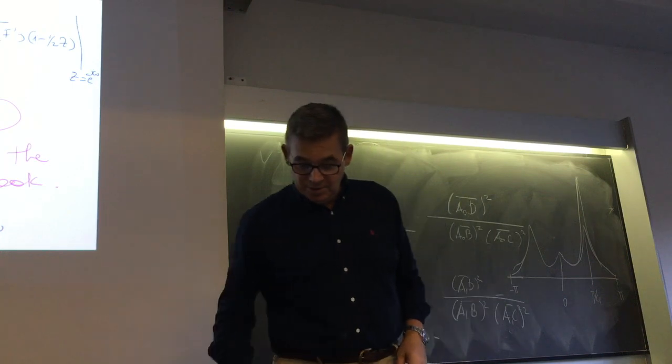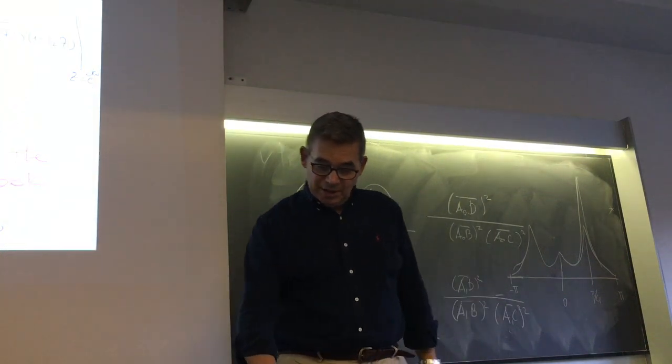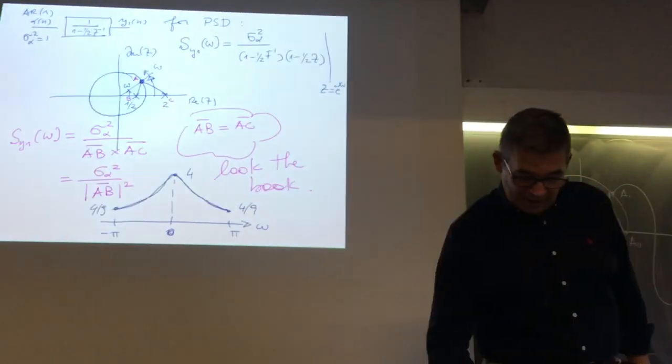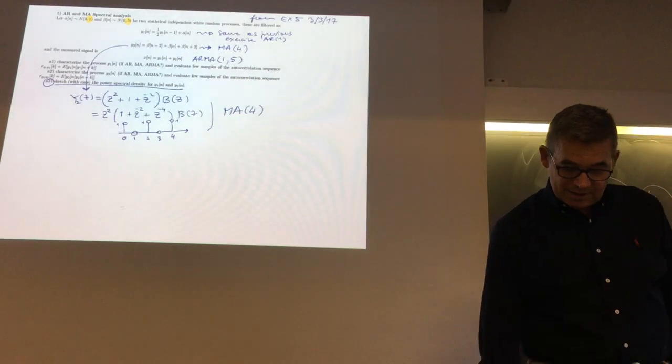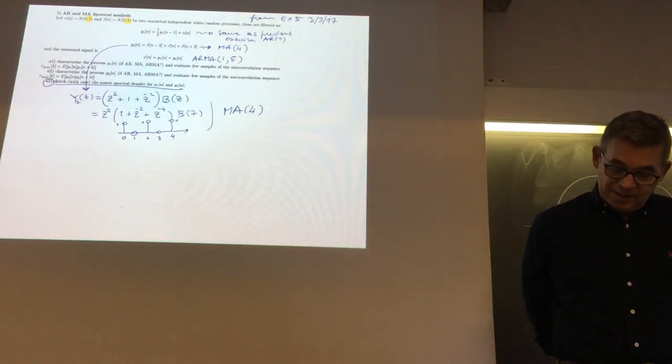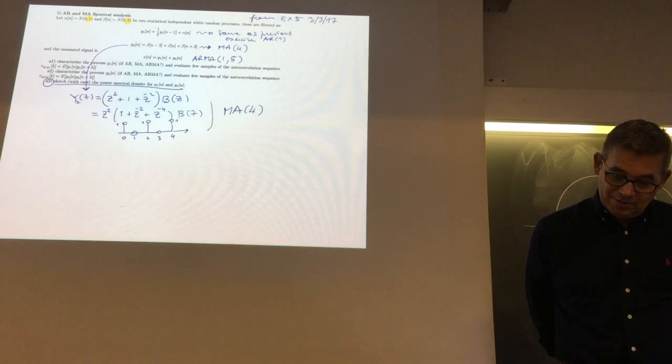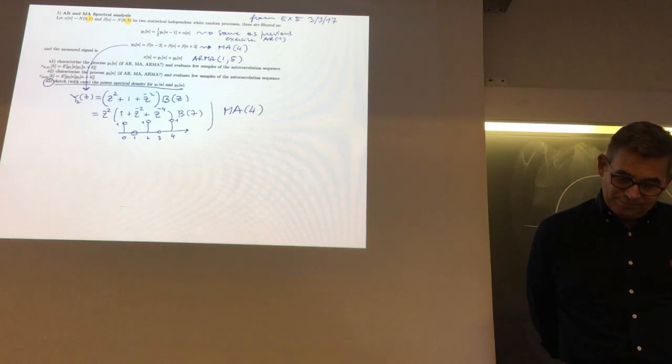Now what I'm doing is, I have a sequence, which is z to the minus 2, z to the minus 4. Now, I don't see the property for that.